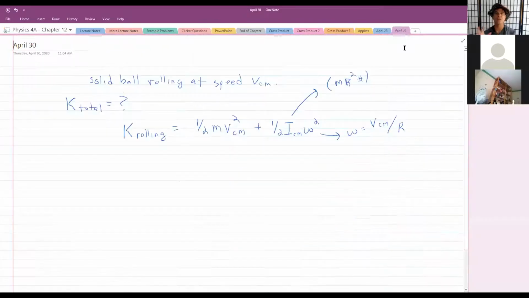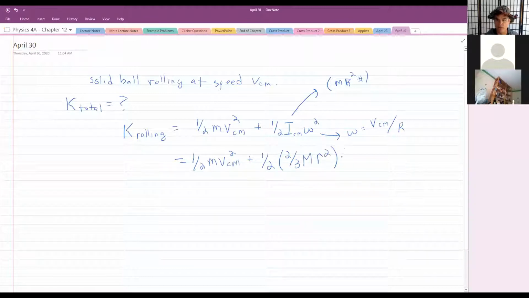So what I would do for my kinetic energy term when we're using conservation of energy is replace I with whatever object I'm looking at its moment of inertia. So for a solid sphere, it is 2/5 mr squared.